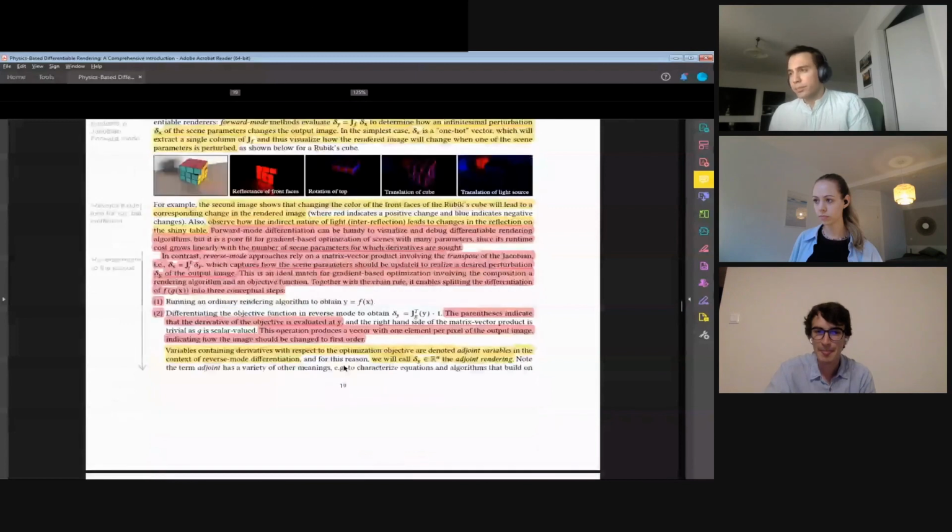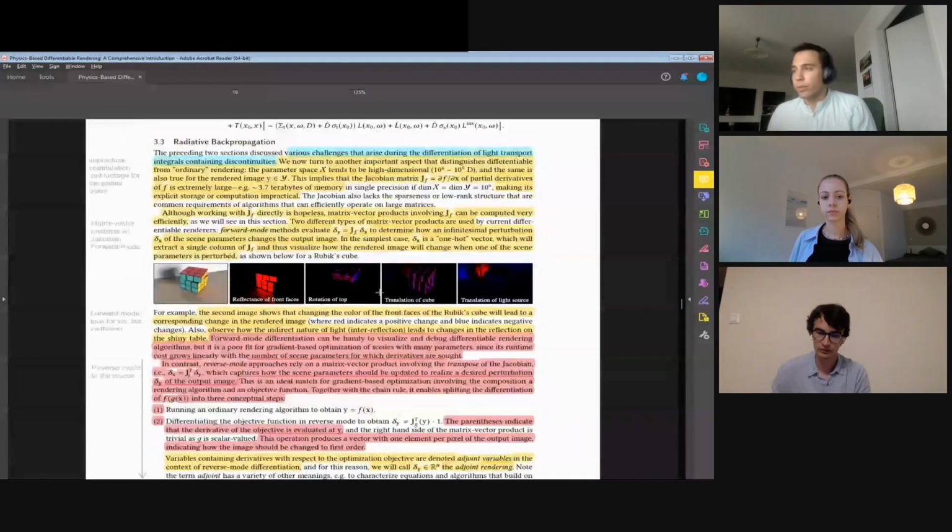So I think they lay out the idea of radiative backpropagation really well. This section we can really have another episode on, because basically this chapter is actually another paper itself from Merlin Nimier-David and his colleagues. Really interesting.